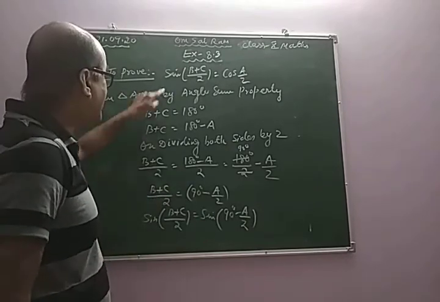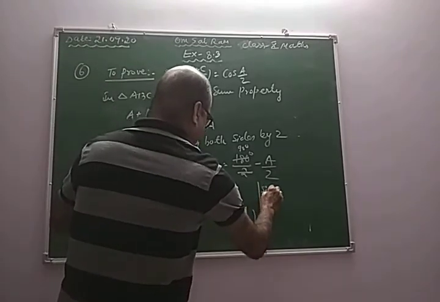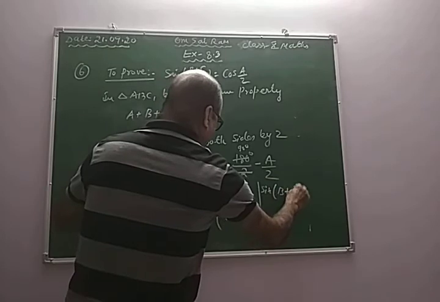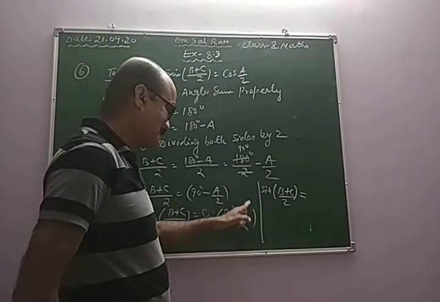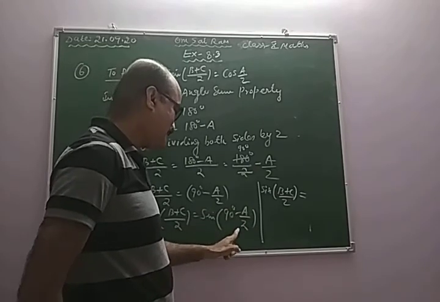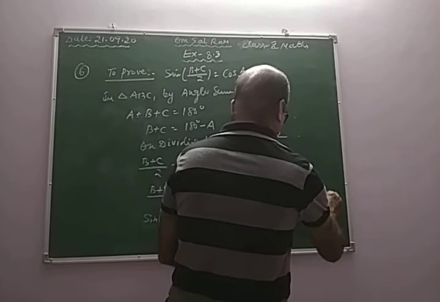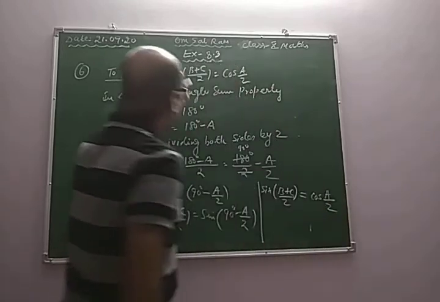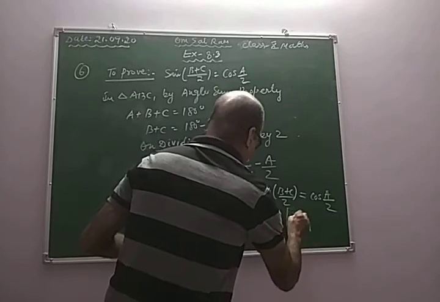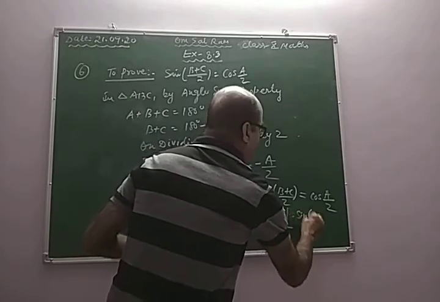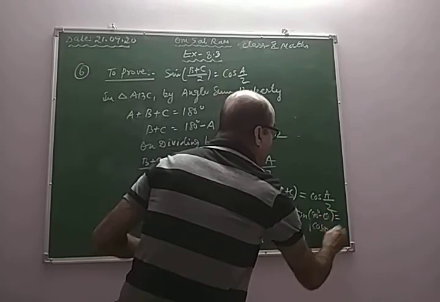So the left hand side is sine of (B plus C) by 2, which is equal to sine of (90 minus theta). This is the complete theta. So sine of (90 minus theta) is cos theta, that is cos A by 2. This is what you had to prove. This is proved, and you can write here, since sine of (90 degrees minus theta) is equal to cos theta.